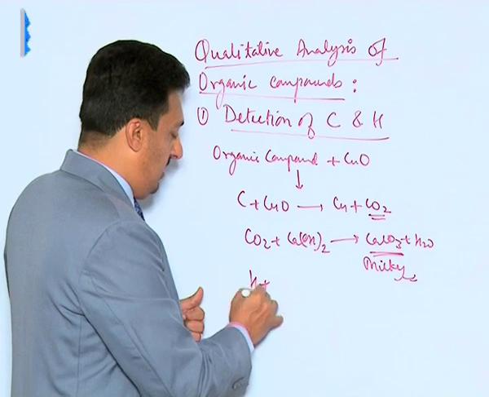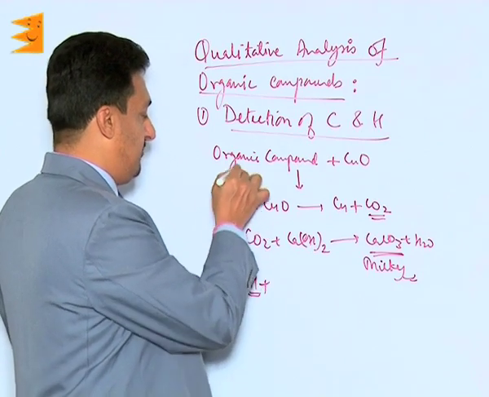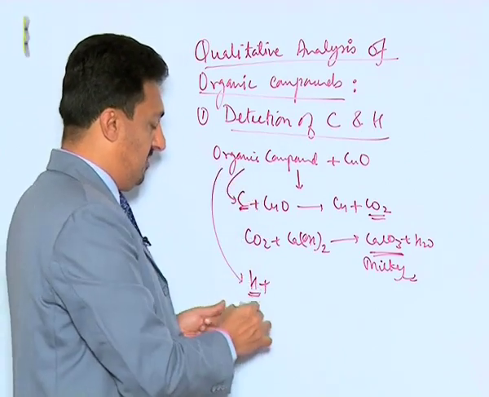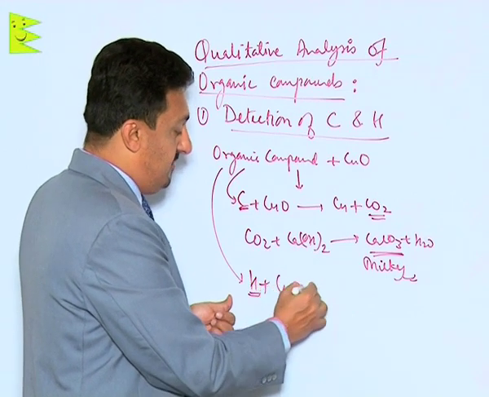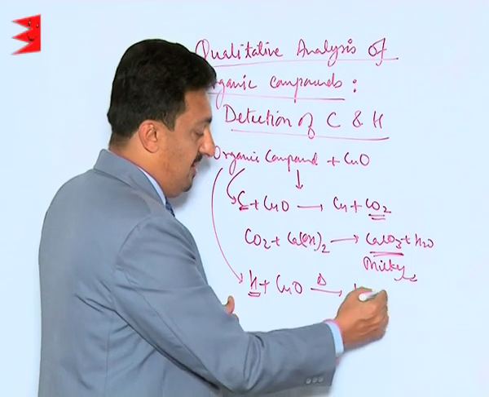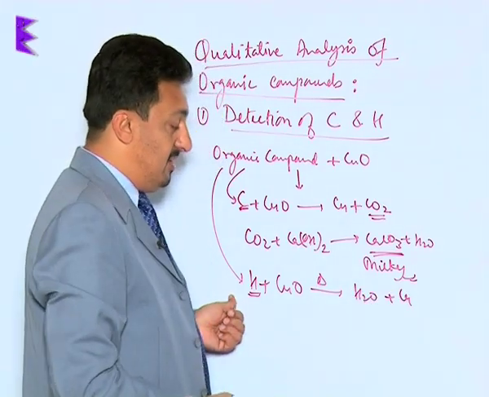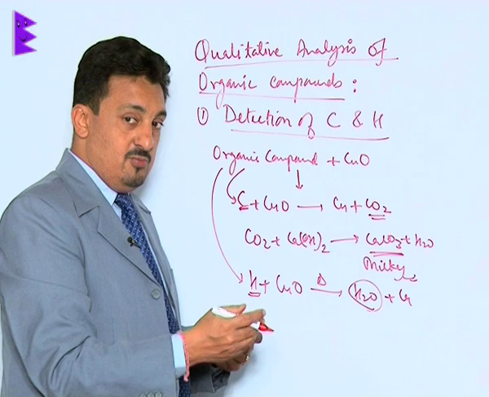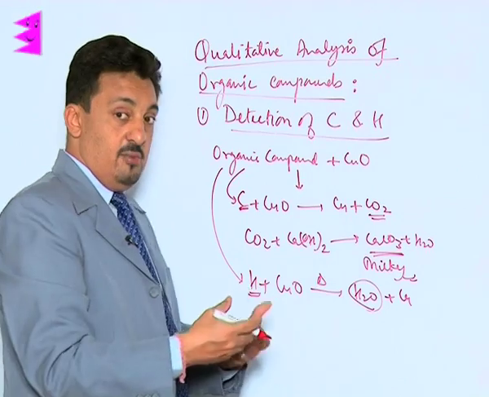Also, the hydrogen of the organic compound, when heated with cupric oxide, gets oxidized to water, and the copper gets reduced. Since we are heating it, the water is there in the form of vapors.